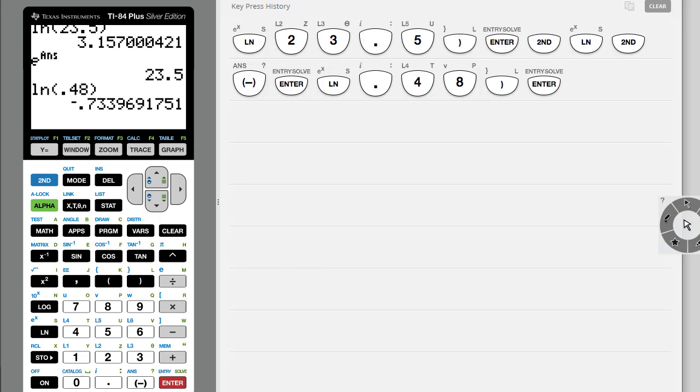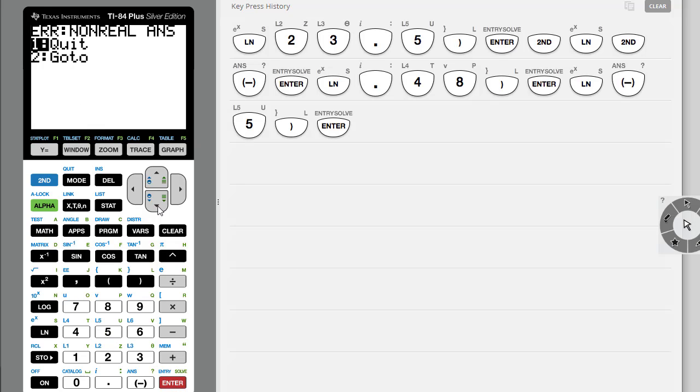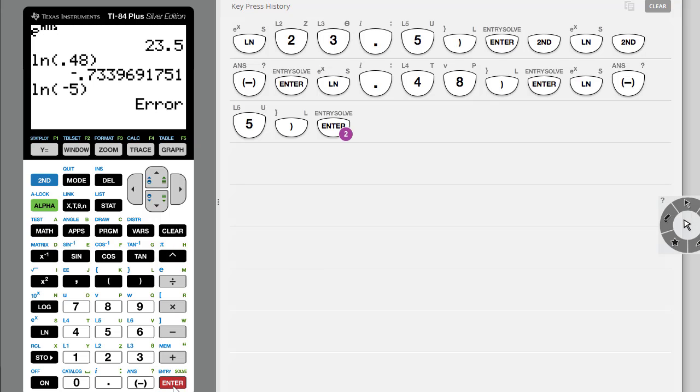Okay, very good. And then natural log of -5 is what? Okay, very good. No real solution. All right, we're getting error. All right, undefined. All right, questions about that?